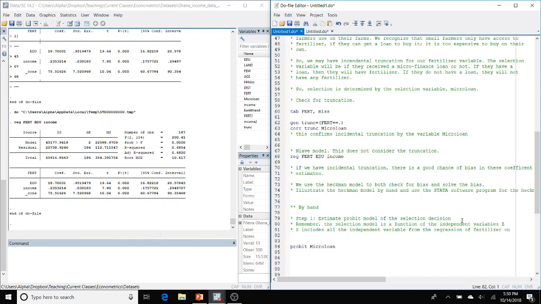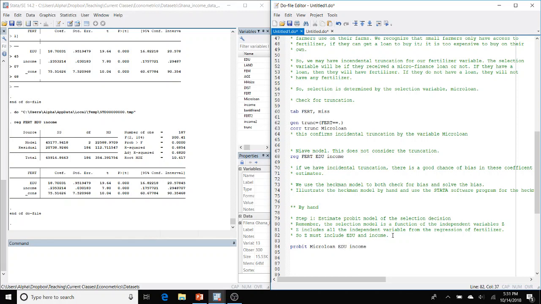So z must include education and income, because those are the independent variables from our main regression. It has to include EDU and income.